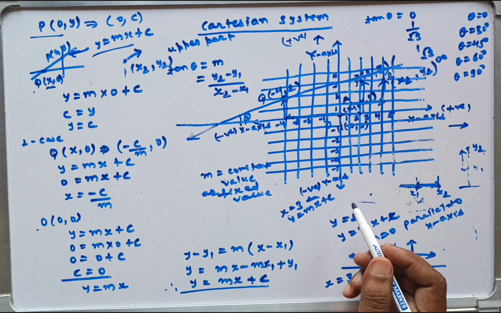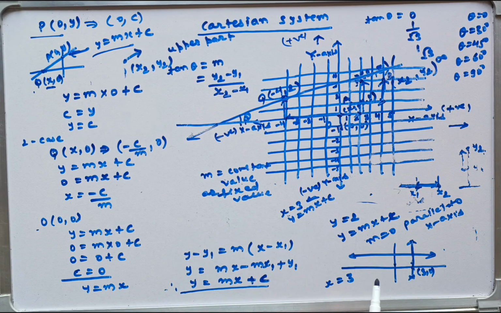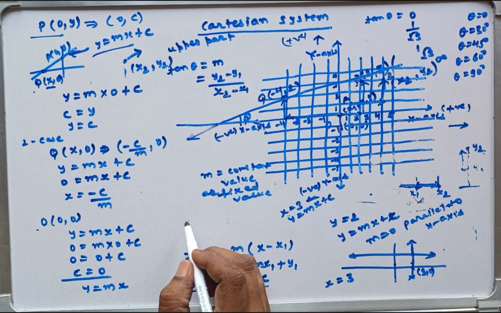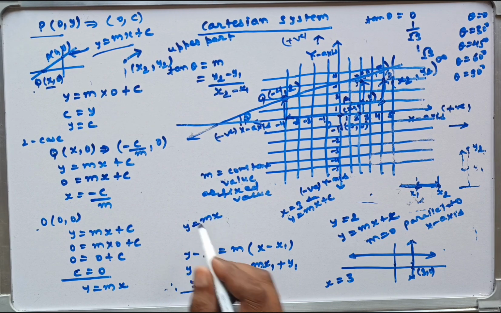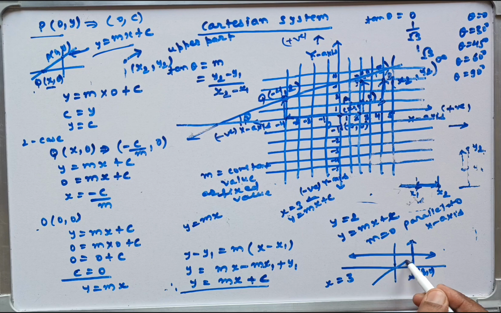What will be the equation when a line is passing through the origin? y equal to mx. So this is like this one. Next we see a numerical problem based on a straight line.